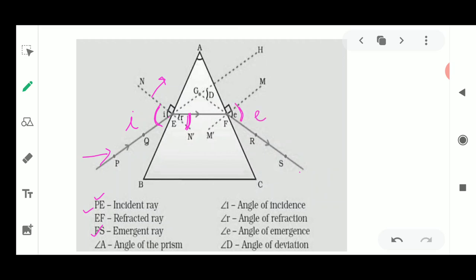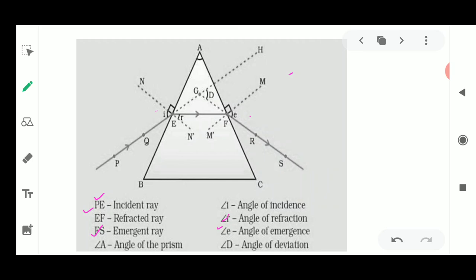This angle of emergence is made between the normal and the emergent ray, the ray of light passing out from the other side of the prism. So it becomes angle e, as you can see here, marked with the small letter e.